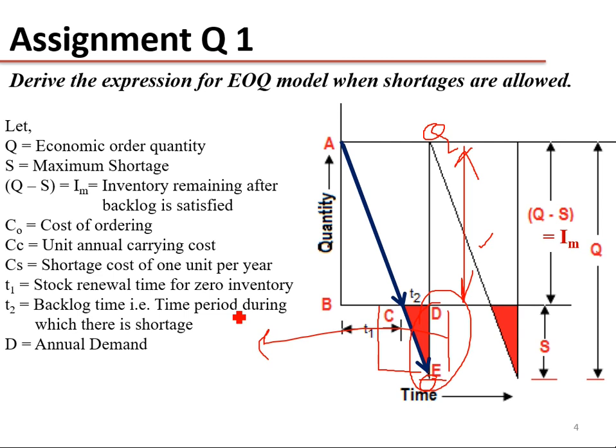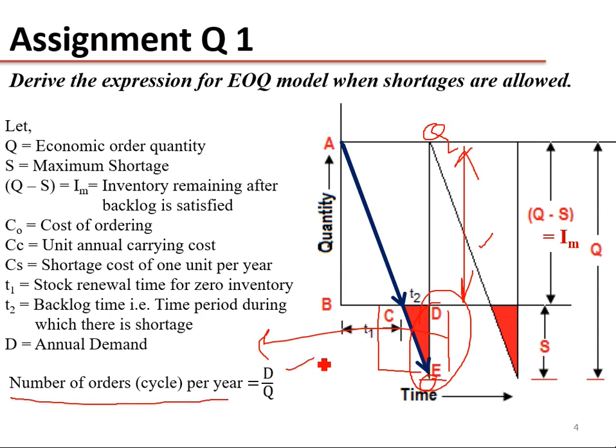For this we need the number of orders per year. It is the demand, and this is the quantity you put in an order. Suppose demand is 100, and in one order you put 10 units.